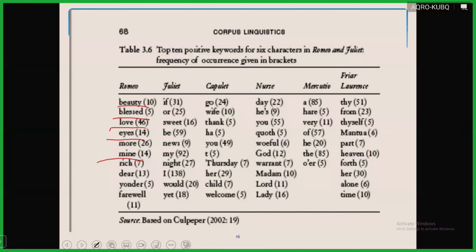If we look at the words used by Juliet, she used if, so it looks like she is more uncertain about things. She is indecisive. Similarly, she used the word or, which suggests she is not really clear about things. My, I. When you use words like my and I, these are self-centered words.